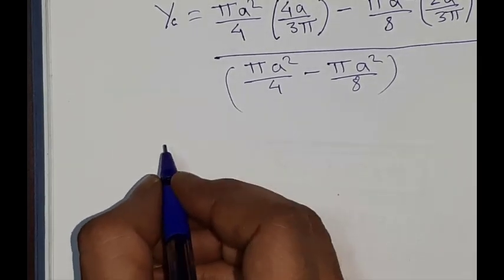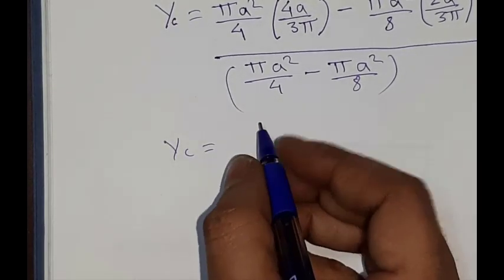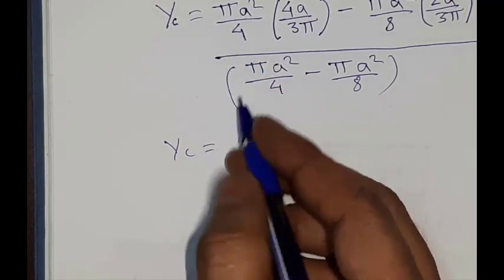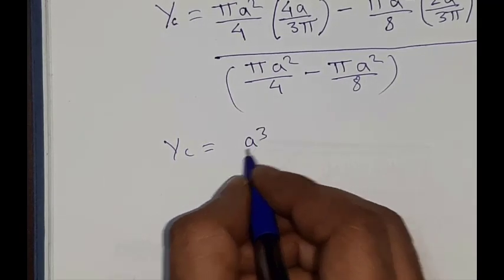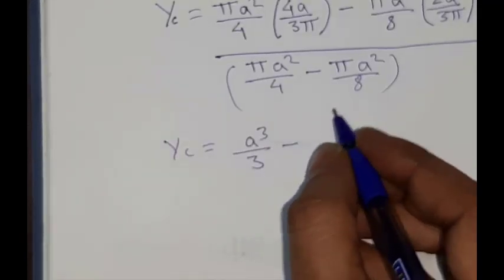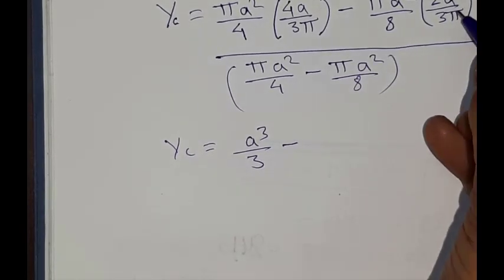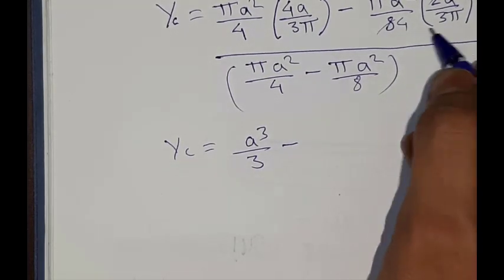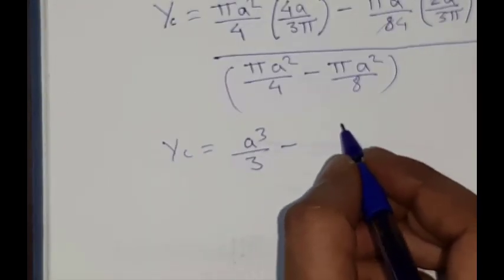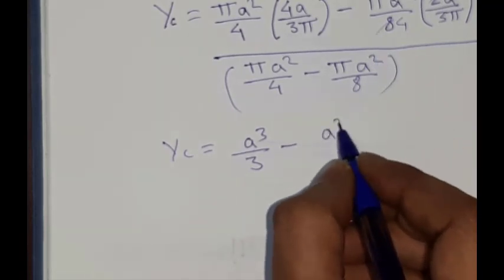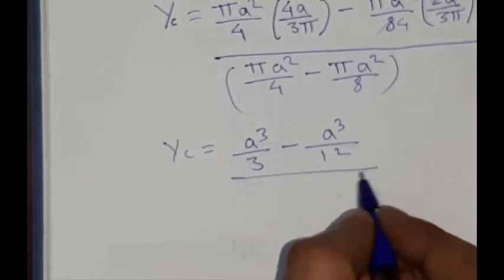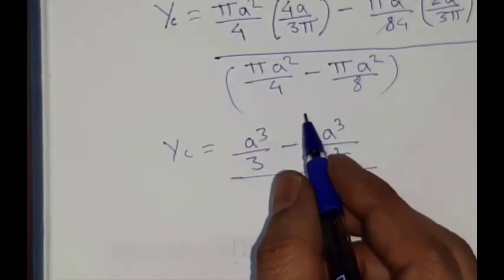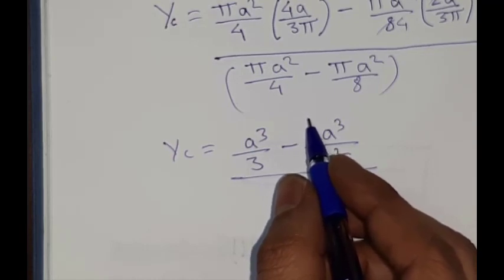Solving this for yc, 4 will cancel and pi will cancel, so you get a cube by 3 minus, with pi cancelled, a cube divided by 12. Two 4s are 8, 4 threes are 12. The whole is divided by, similar to x, 4 pi square by 12.